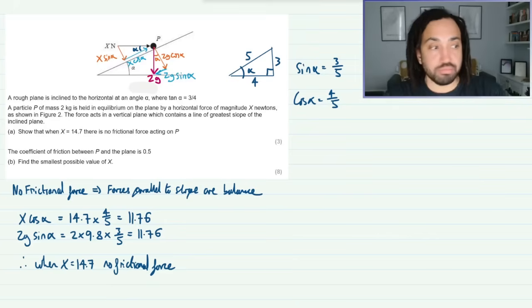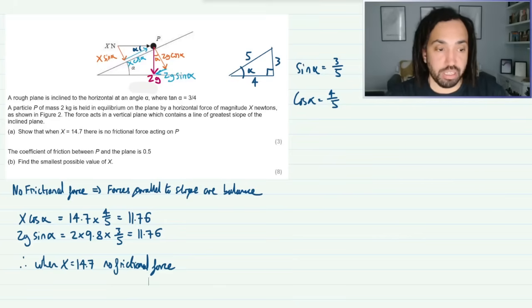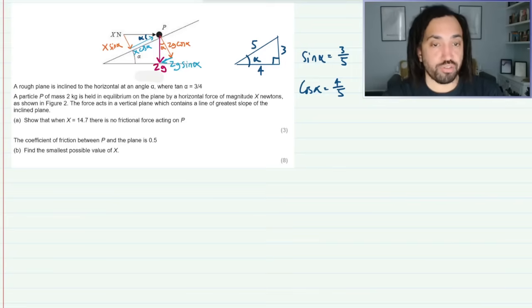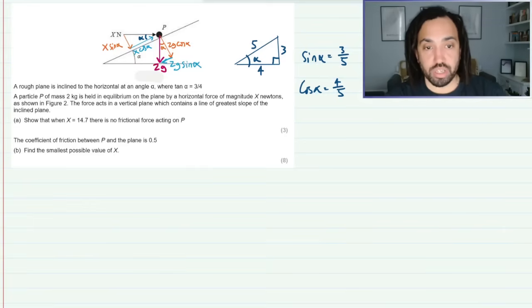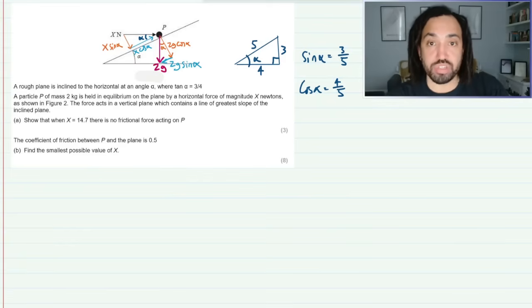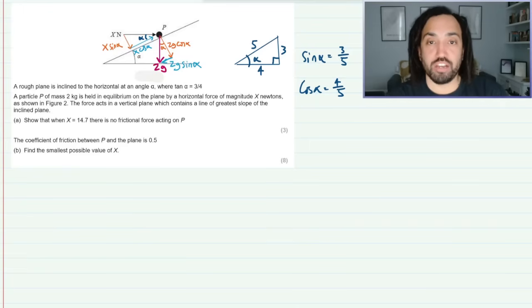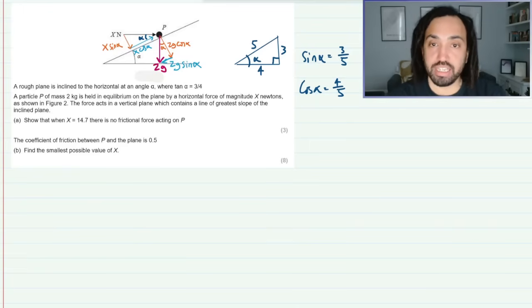Okay, right, let's go on to part B. Part B says the coefficient of friction between P and the plane is 0.5. Find the smallest possible value of X. Okay, so if we reduce X, it means that it's likely that the ball might fall down the slope if we reduce X completely.